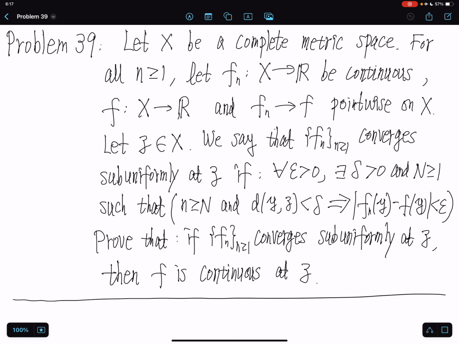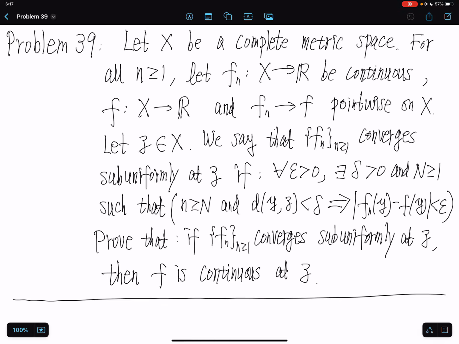So let z in X. We say that the sequence f sub n converges subuniformly at z if the following condition holds: for all epsilon greater than 0, there exist delta greater than 0 and capital N bigger than 1, such that for any n bigger than capital N and the metric of y and z less than delta, this implies the absolute value of f sub n of y minus f of y is less than epsilon.